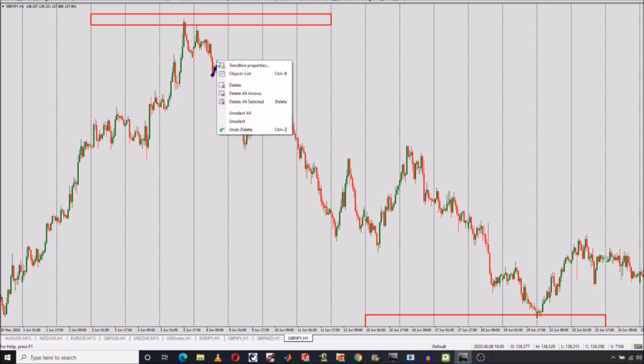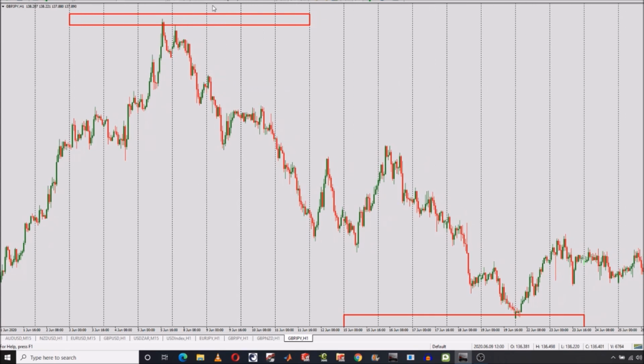If that is a complete H1 level, this will tell us that we are now expecting a pullback or a consolidation before we go to the second level.